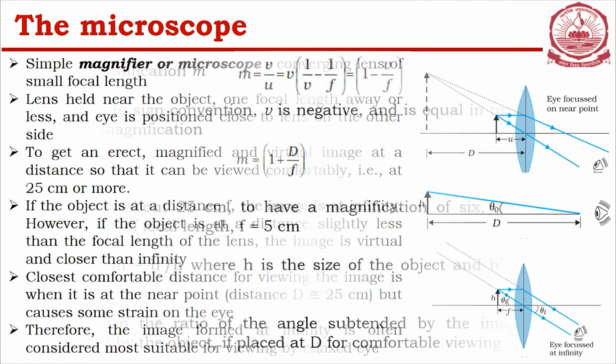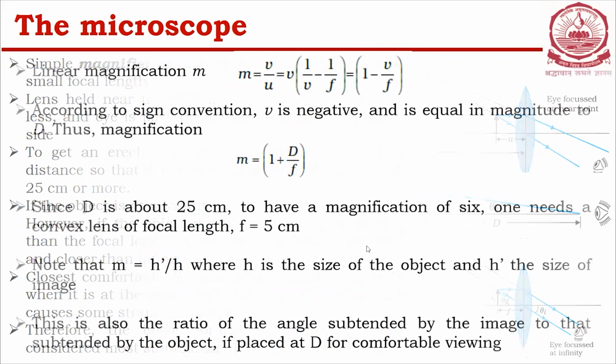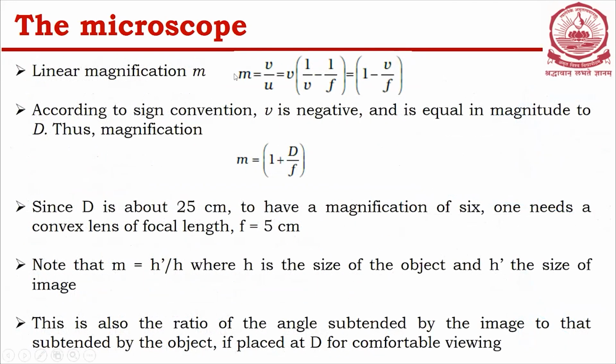Similarly, you can find out the magnification. This is the linear magnification, which is again V by U. So you know that it is V into 1 by U, and 1 by U you can find from the thin lens equation: it is equal to 1 by V minus 1 by F. You can simplify this: it is equal to 1 minus V by F. And this magnification is nothing but 1 plus D by F, because V is nothing but D, where D is the near point, so it is 25 centimeter.